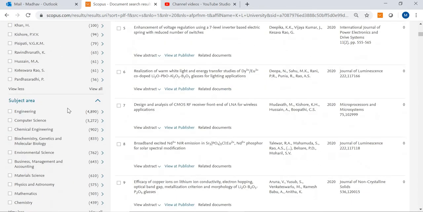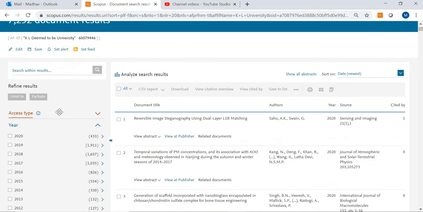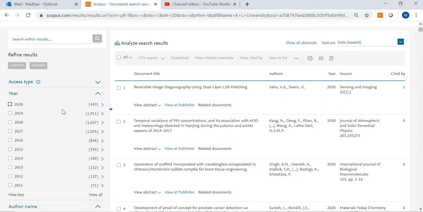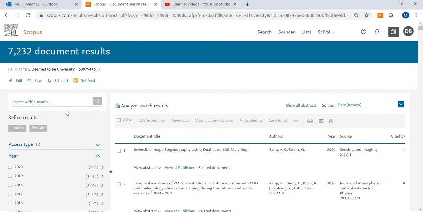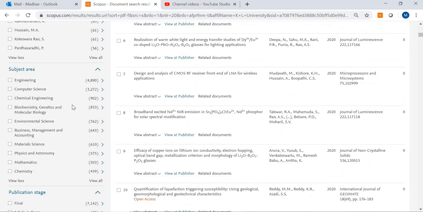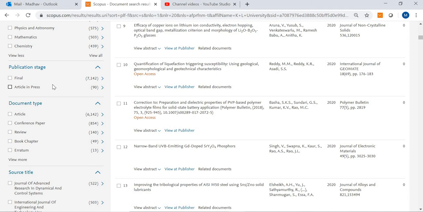So in this video you are able to understand, if a particular institute published these 7232 papers, how many are produced year-wise, author-wise, subject area-wise, and what the stage of a particular paper is, that means whether it is already published or in press.